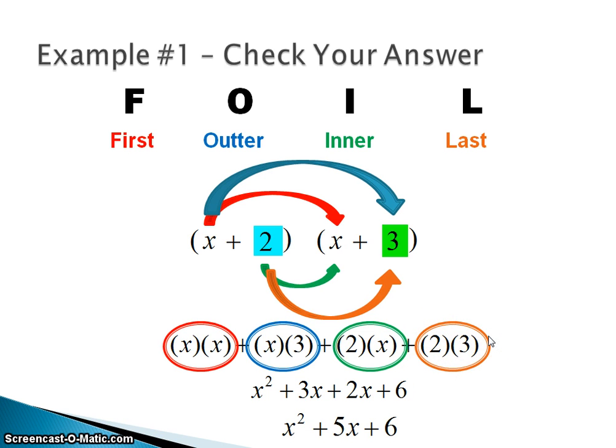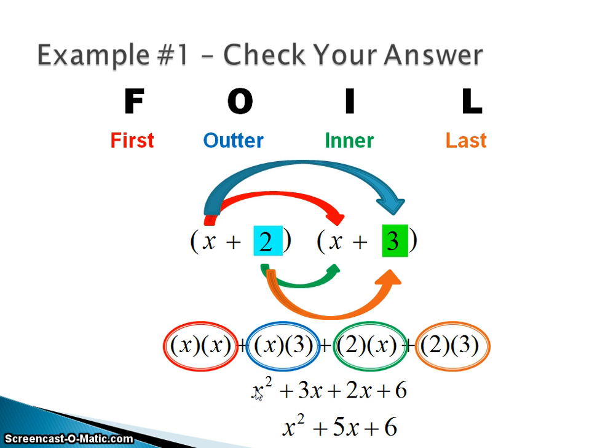So when we do all that multiplication, we find out that x times x is in fact x squared. And x times 3 is 3x. 2 times x is of course 2x. And 2 times 3 is 6. When we combine like terms, the 3x and the 2x, we end up with 5x. Now we cannot combine 3x and 2x with x squared.